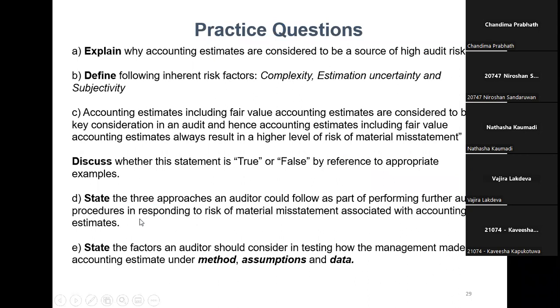State the three approaches an auditor could follow as part of performing further audit procedures in responding to the risk of material misstatement associated with accounting estimates.